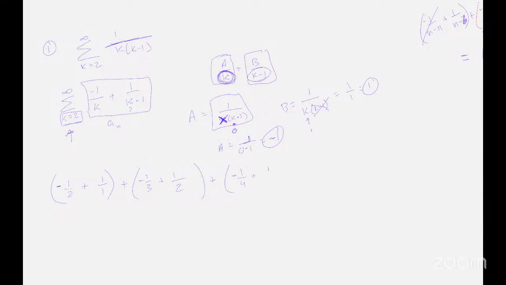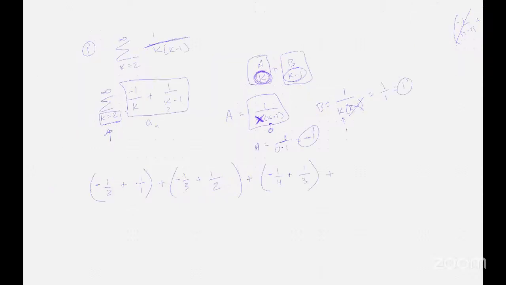Before I keep going, I'm going to cancel out what I know cancels. So that cancels with that, that cancels with that. You can see what's going to happen, right? The 1/4 will cancel out too.